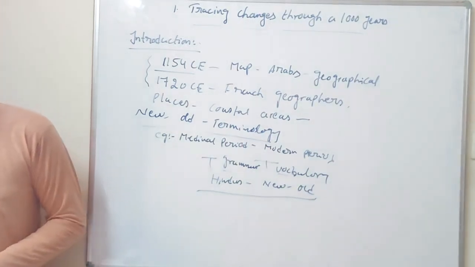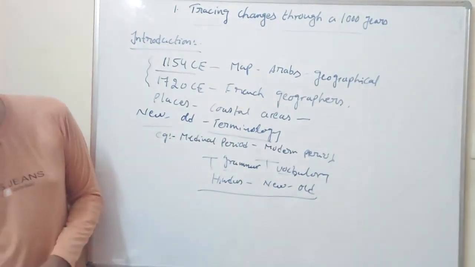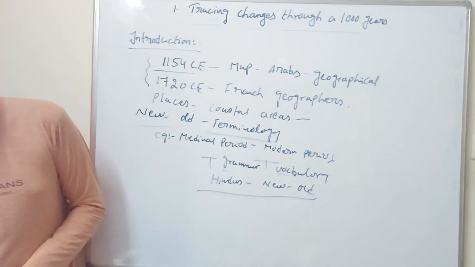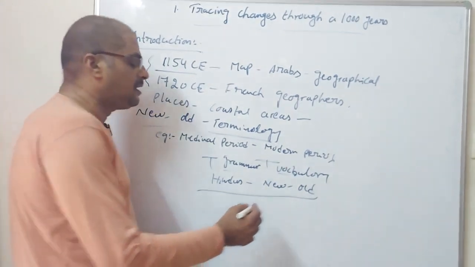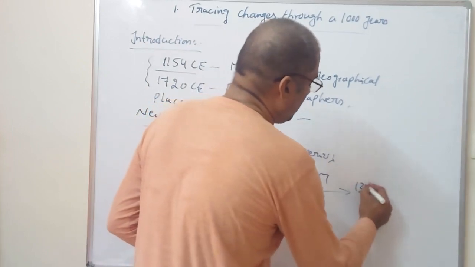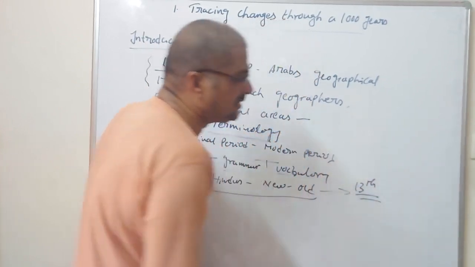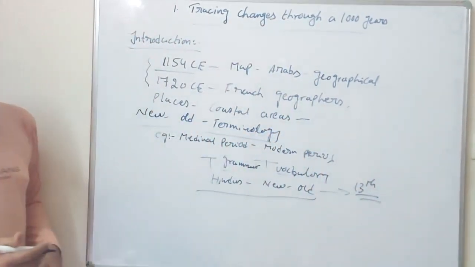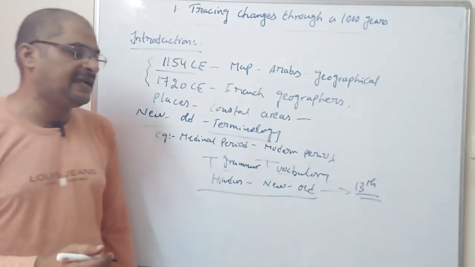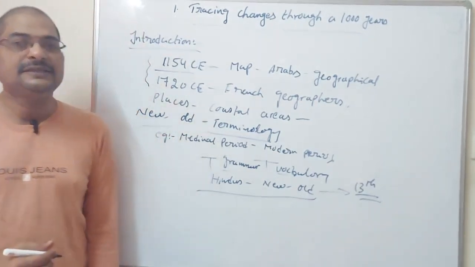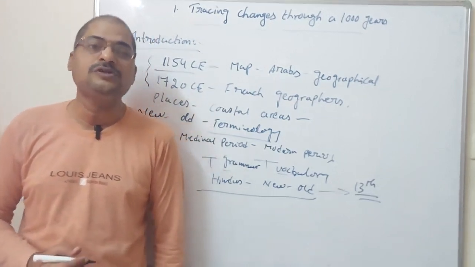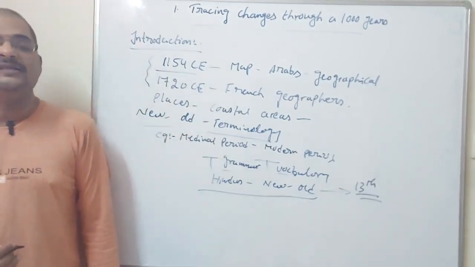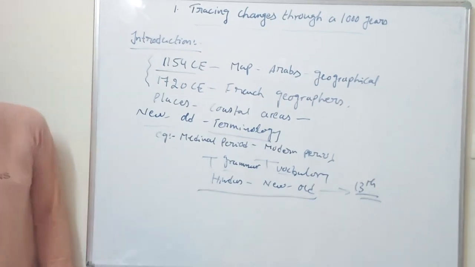Now let us see the terms used in the 13th century, when changes were going on. The period 1200 to 1299 we call the 13th century. The terms changed most probably in the 13th century only.